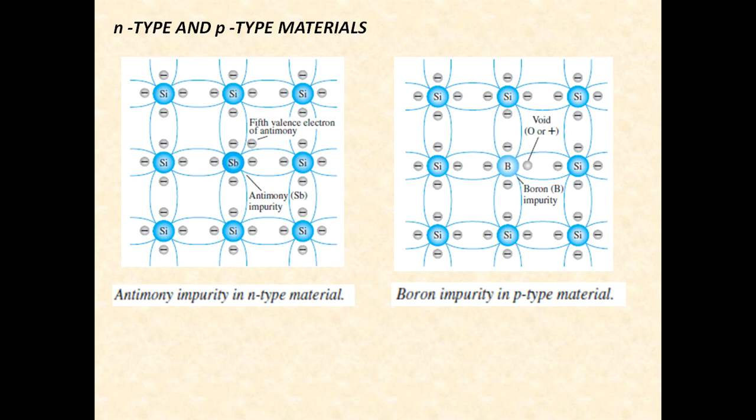So the conductivity is not that large. How do we improve the conductivity of a particular semiconductor? It can be increased by doping it.